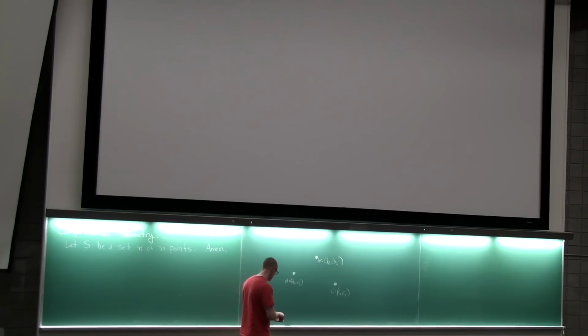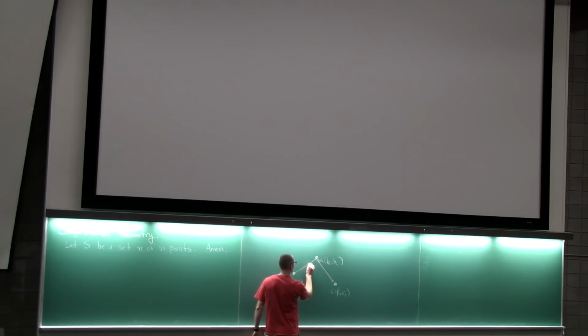Or more precisely, if I walk from A to B, and then turn at B towards C, which direction am I turning in? Am I turning clockwise or counterclockwise? So there's 2 ways that could happen.